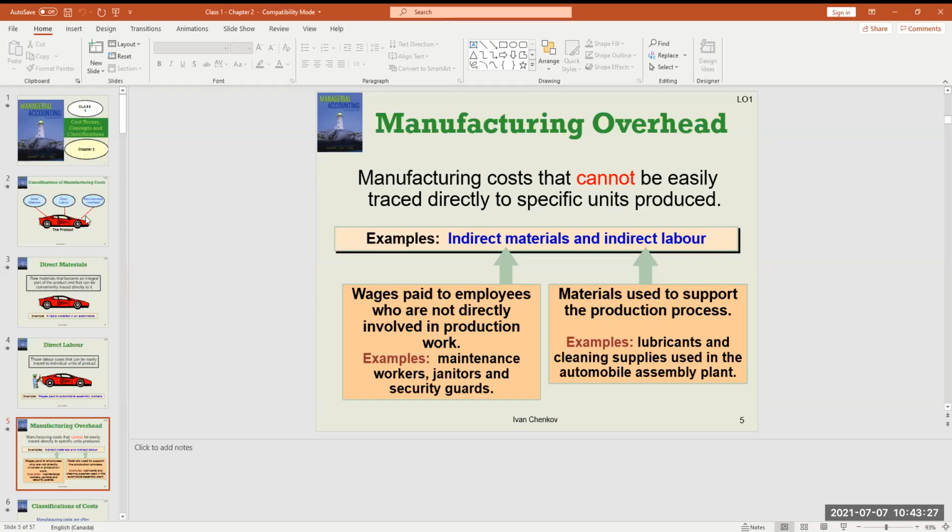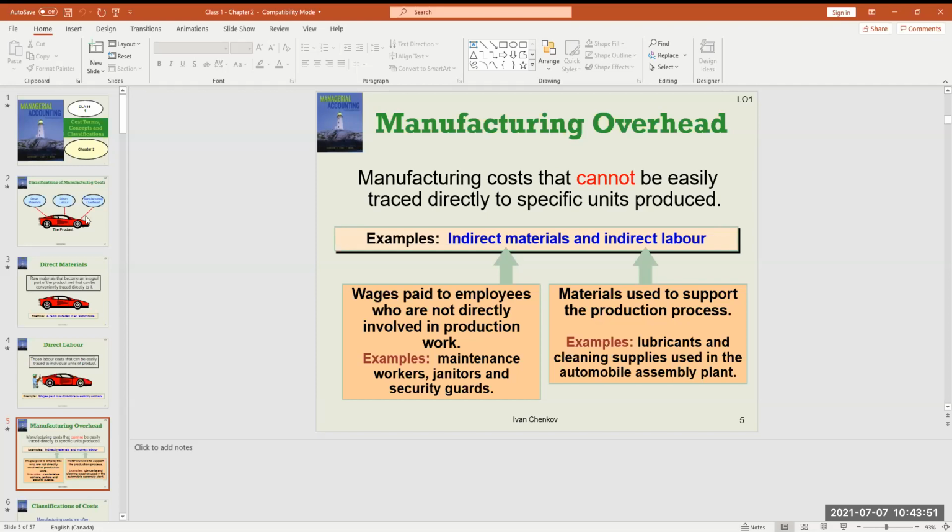That will be rent, utilities, insurance, and the depreciation of the machinery or equipment that we're using to produce those products. Anything like that is very general, so it's very hard to trace directly to every single product, but we're going to group them in one category.